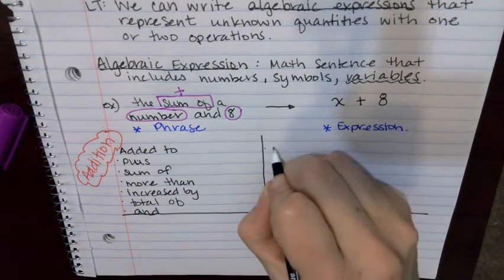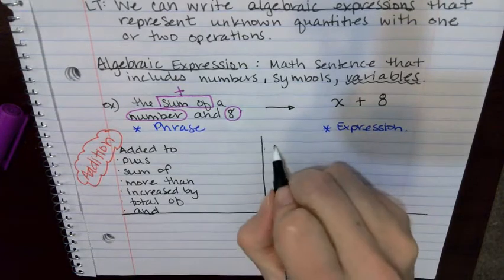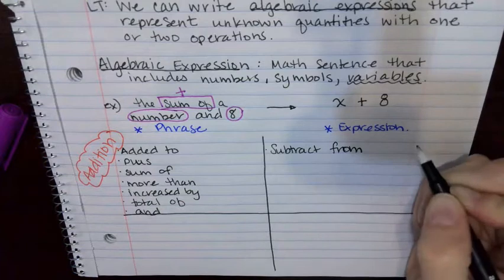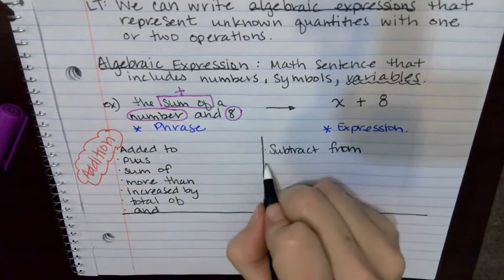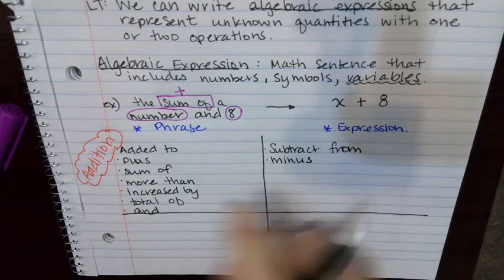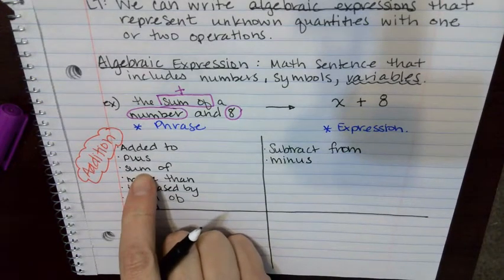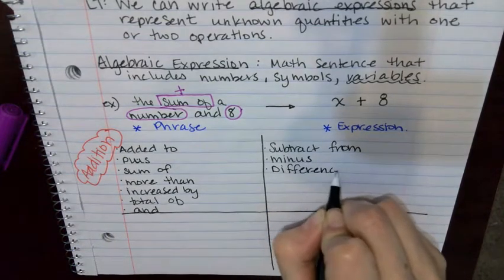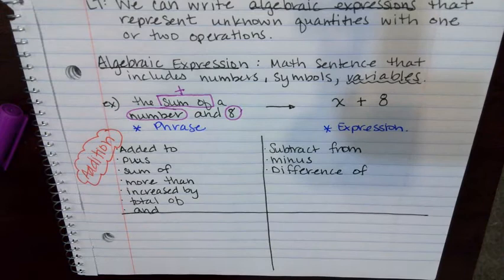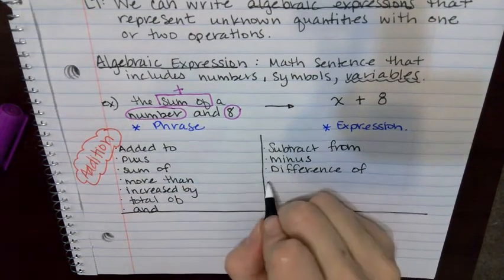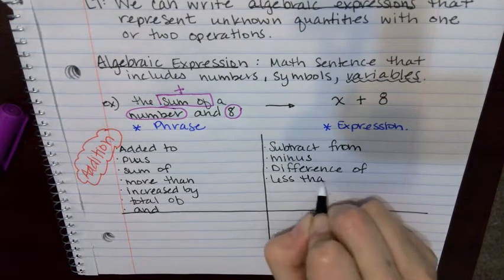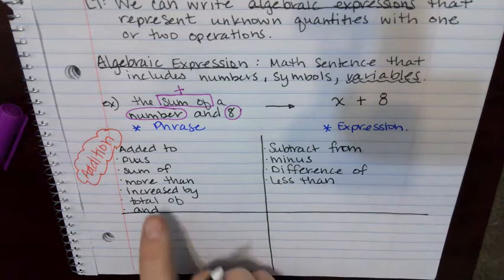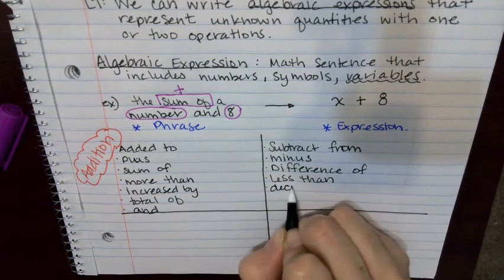So instead of added to, you could say subtract from. Just like you have plus, you could have minus. Instead of sum of, if you're subtracting, you could say difference of. Instead of more than, you could say less than. You could also say, instead of increased by, decreased by.